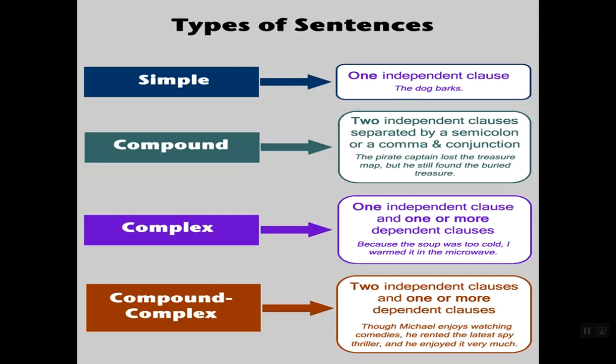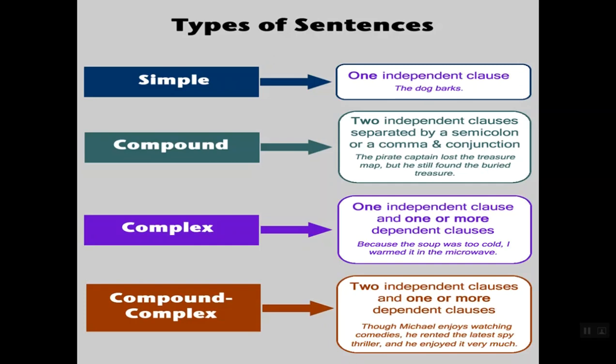It is the sentence that can stand alone because it has a complete thought. The independent clause must have a subject and must have a predicate. And when I say predicate, it means the verb. So the simple sentence contains one independent clause.